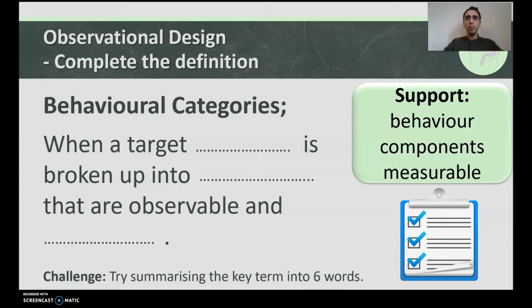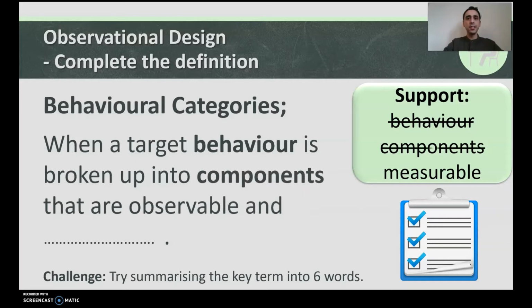It's when a target behavior is broken up into components that are observable and measurable. There we go, lovely. You can give a definition if you want, or an example, such as identifying affection and thinking of behavioral categories such as kissing, hugging, holding hands, etc.